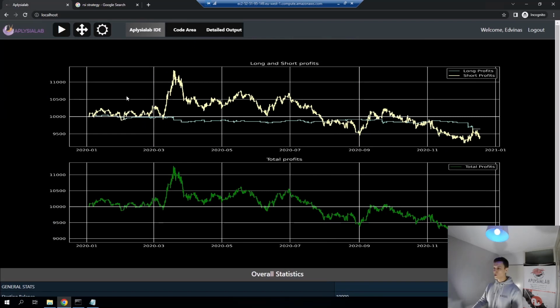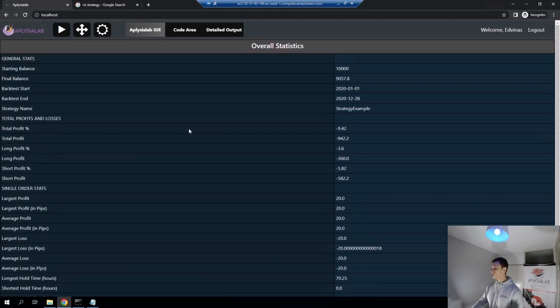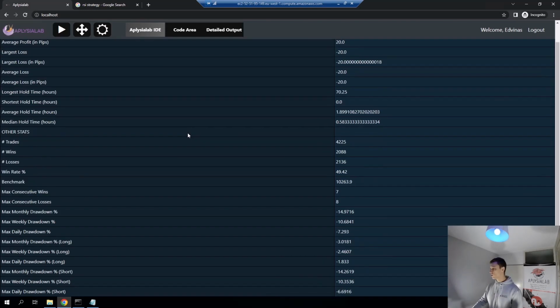Again, part of the rules is we are only taking one long and one short at a time to mitigate risk. That's what you need to do in any good strategy. So we can't just keep buying or selling infinitely. So that's one of the rules, and that is why you see such balanced statistics here.